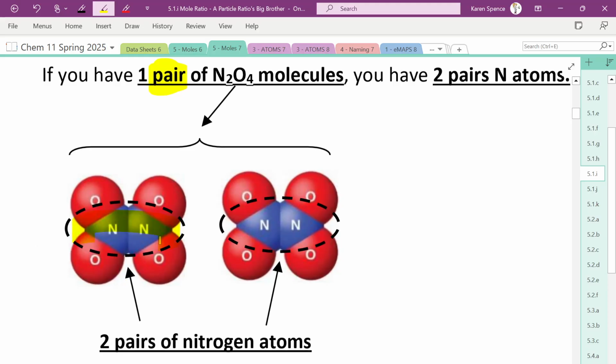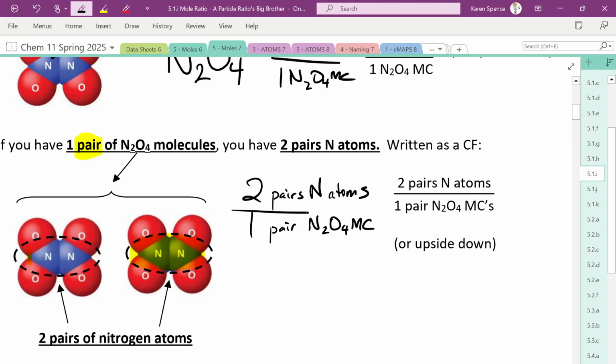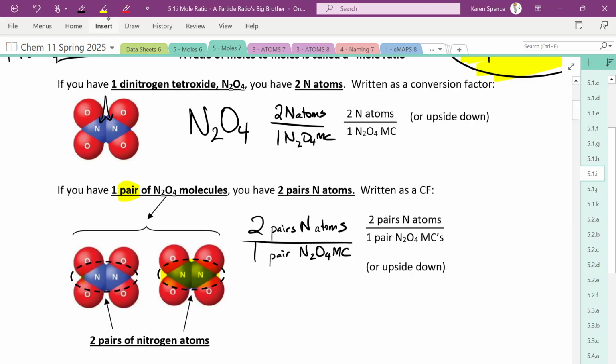Here's 1 pair here. Here's another pair here. So the ratio is the same. We have 2 pairs of N atoms for every 1 pair of N2O4 molecules. 2 to 1, 2 to 1.